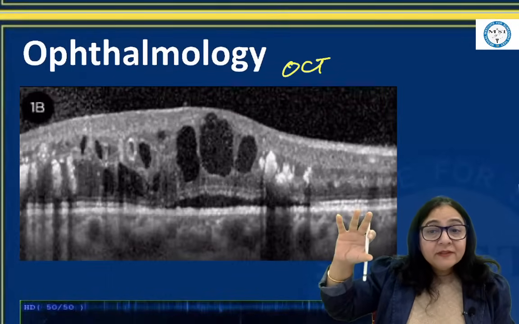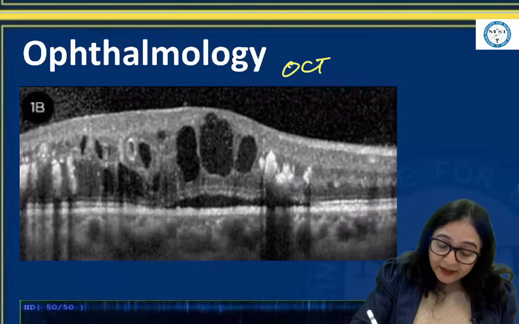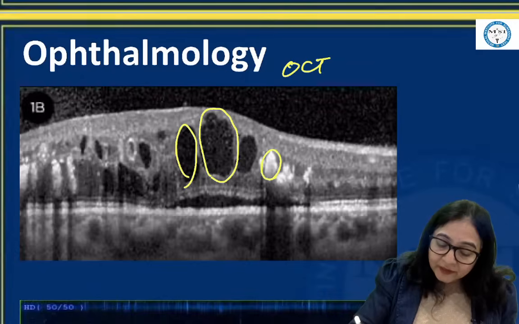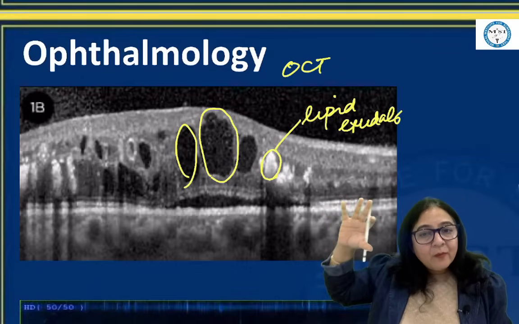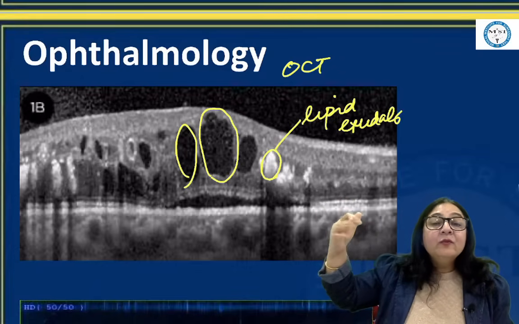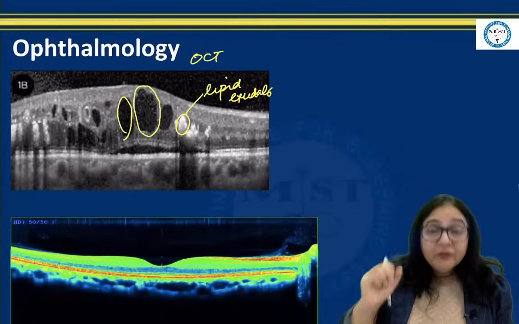So because of the edema, because of the collection of the fluid, as you see here in the spaces here, and these are your lipid exudates, beta. So you can clearly see how much is the thickness which has increased, how much is the edema, and you can even follow the progression of the patients once you treat it.